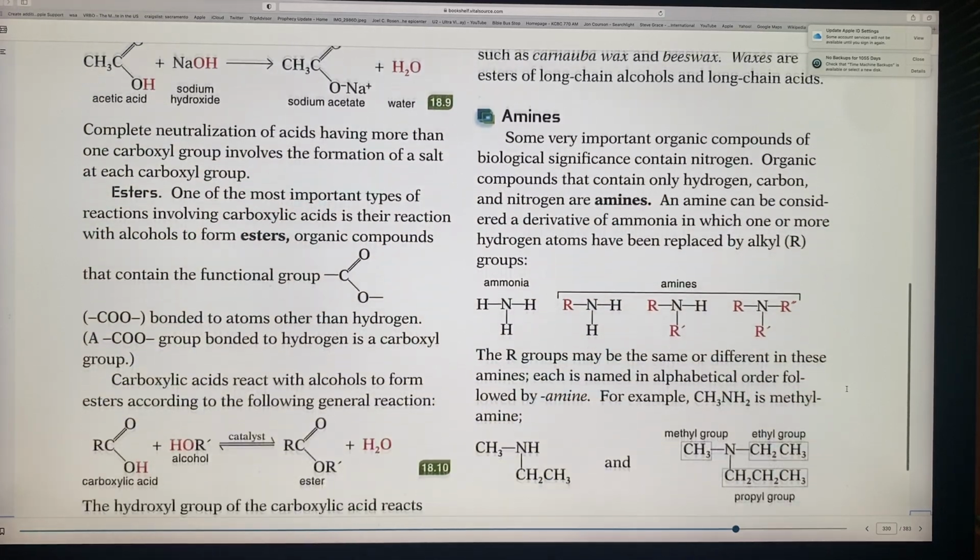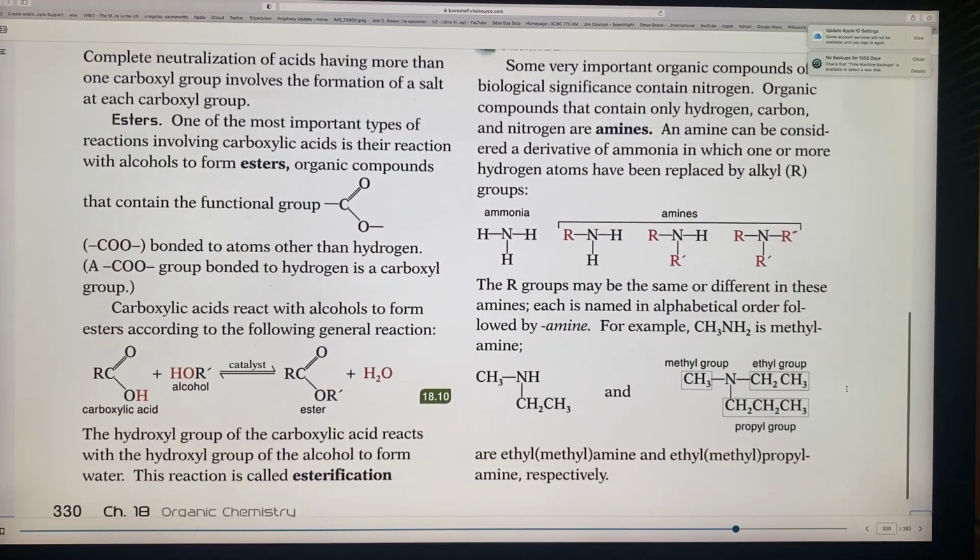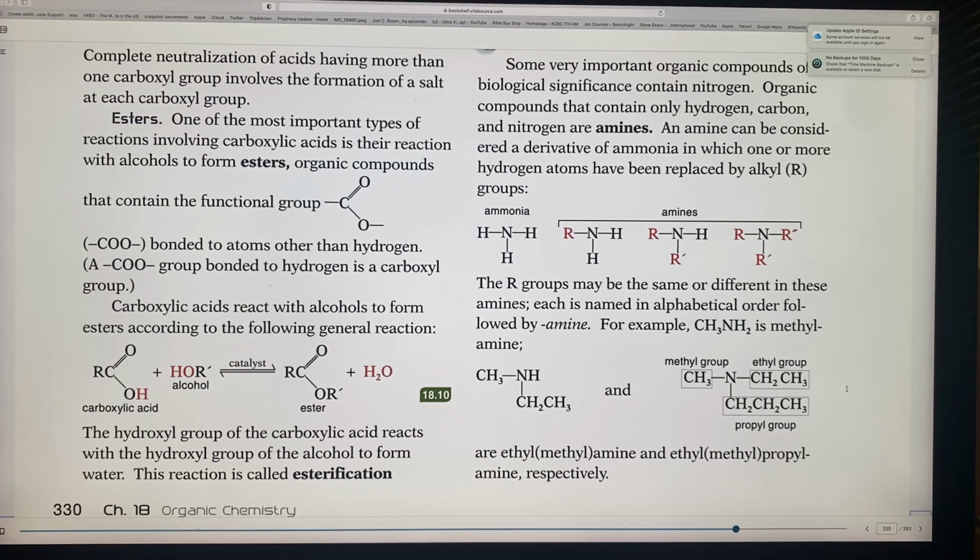So now we're going to go through another type of group, called esters. So what are esters in the midst of all this? Esters have a carboxyl group, and they react with alcohol, so they're bonded together here.